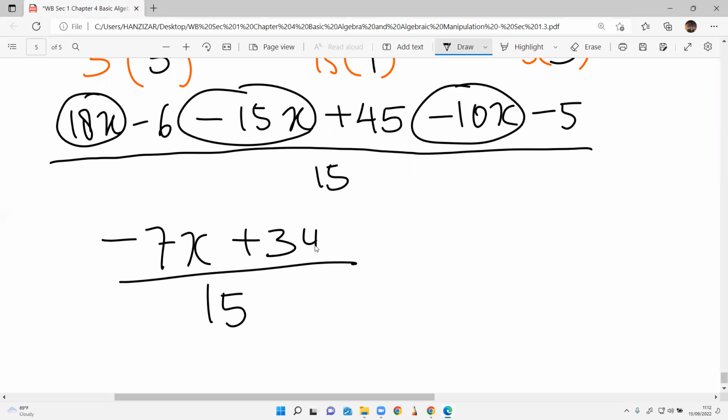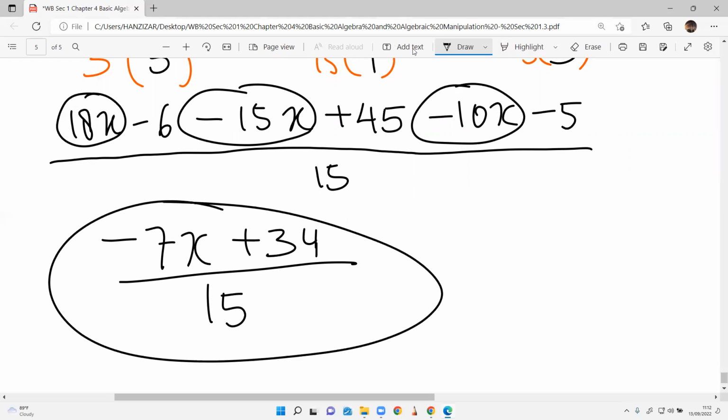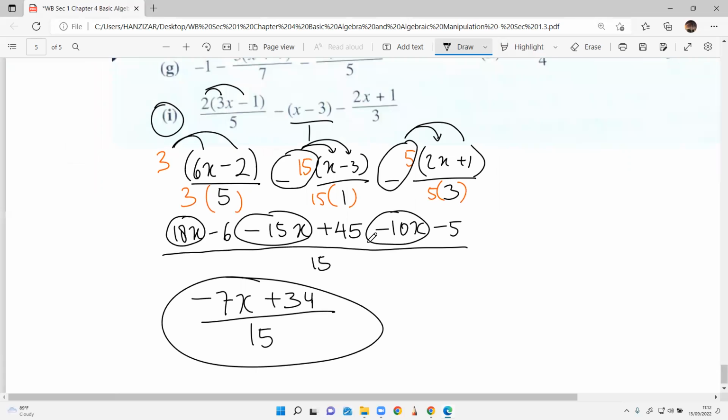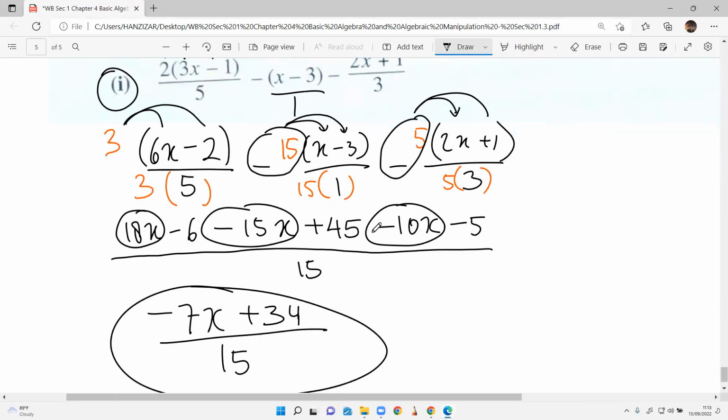Yeah, there you go. Done. Okay. Any questions so far? I think you want to ask me something about the previous question. The negative does not apply to the bottom, because the bottom is 15. The negative applies on the top side here. See?